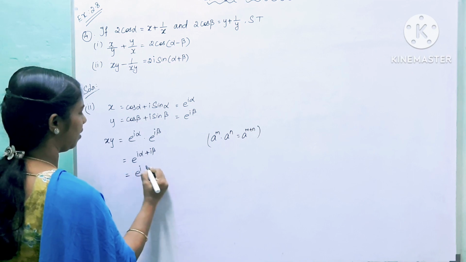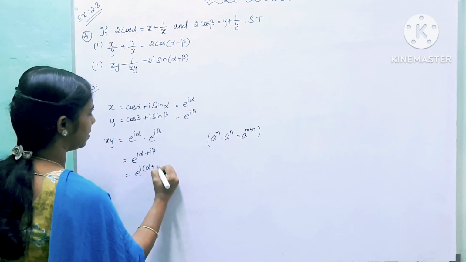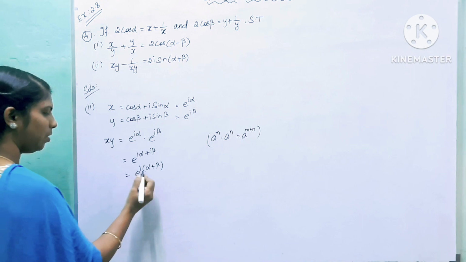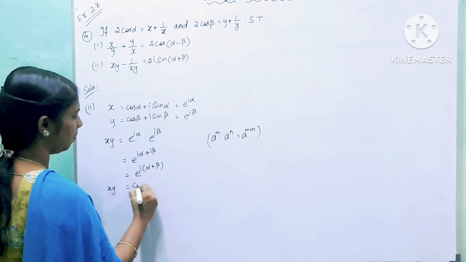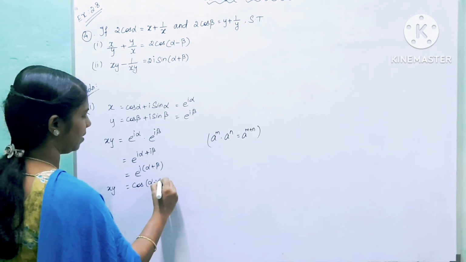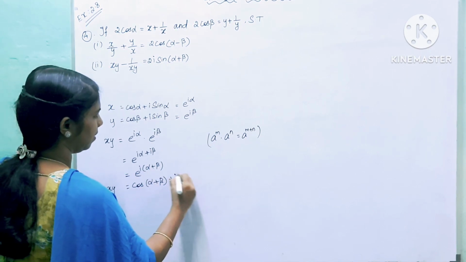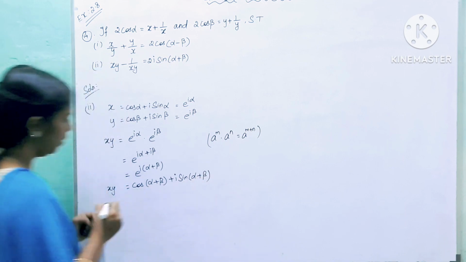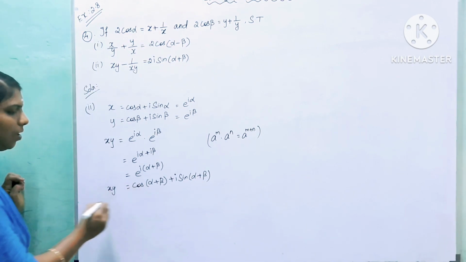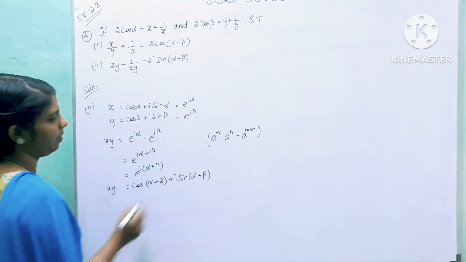Taking e power i common, alpha plus beta. To write this again in cos plus i sin format, cos of alpha plus beta plus i sin alpha plus beta. So x into y is cos alpha plus beta plus i sin alpha plus beta.